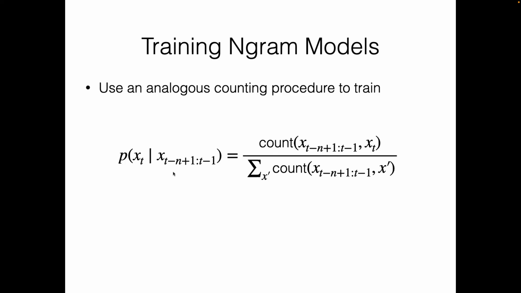Can anyone tell me a potential issue with this? Let's say that n is really large, like n equals 10. You might not find, if n is very large, you might never find a sentence that goes to that length. Yeah, exactly. The sentence might not be long enough, or you might get these very sparse counts.